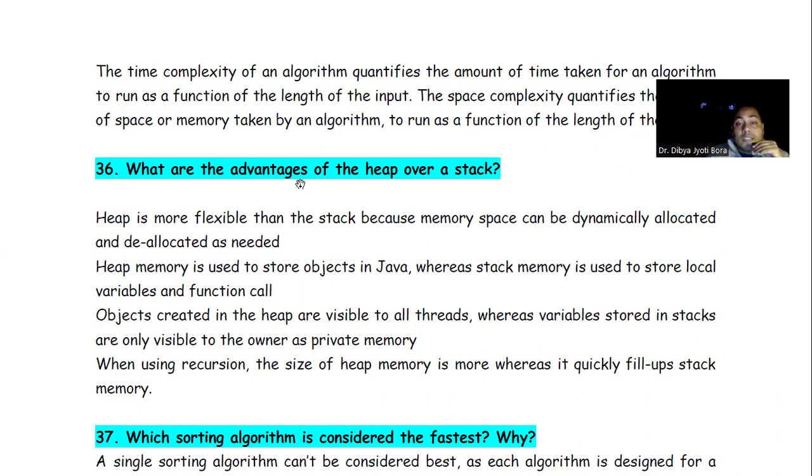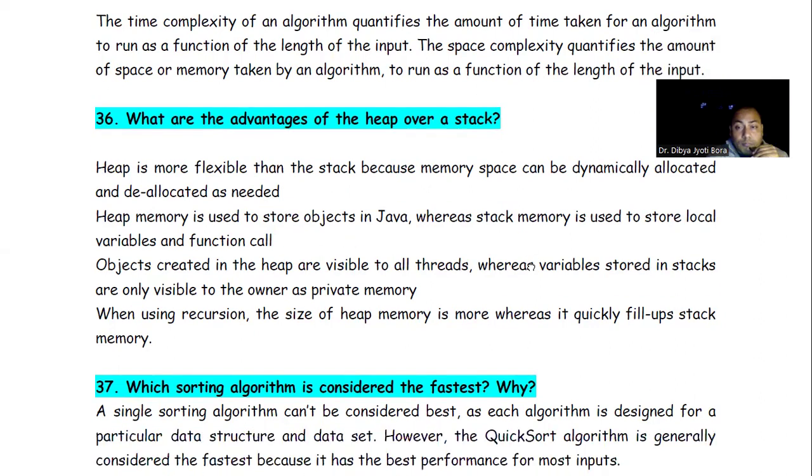What are the advantages of heap over stack? Heap is flexible because memory space can be dynamically allocated and deallocated as needed in case of heap, which is not possible in the case of stack, right? Now, heap memory is used to store objects in Java, whereas stack memory is used to store local variables and function calls.